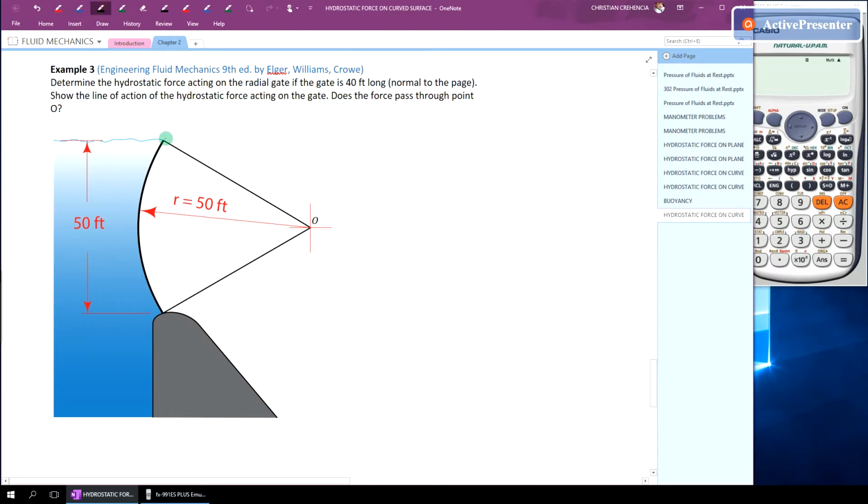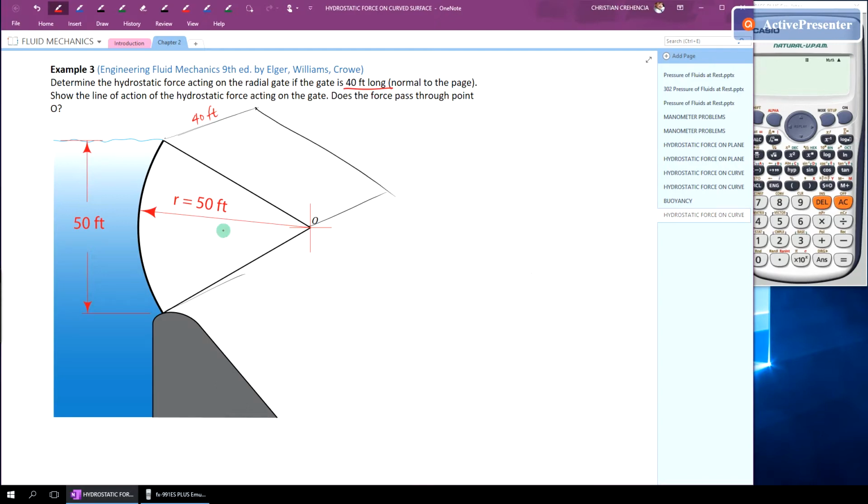So, kung ito yung ating gate, so parang ganyan lang. Okay, so this is 40 feet long. Okay, and then show the line of action of hydrostatic force acting on the gate.